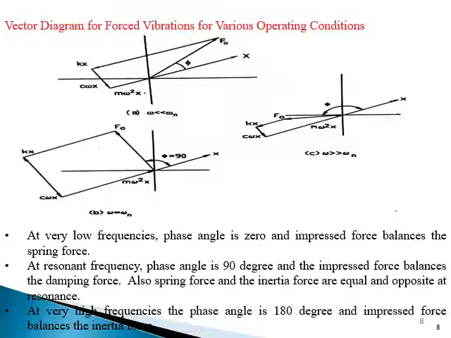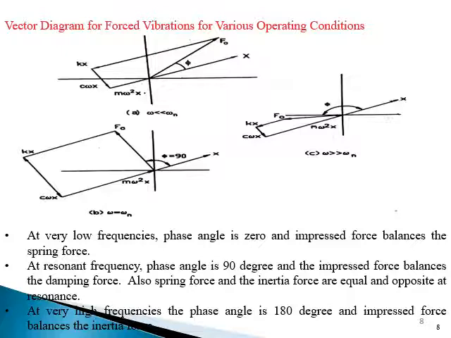If phi reduces to 0, this comes down, and then this c omega x becomes less, and ultimately becomes 0. Therefore this F0, the impressed force, will be balanced by this spring force, since c omega x becomes almost 0. Therefore the impressed force balances the spring force at very low frequency.